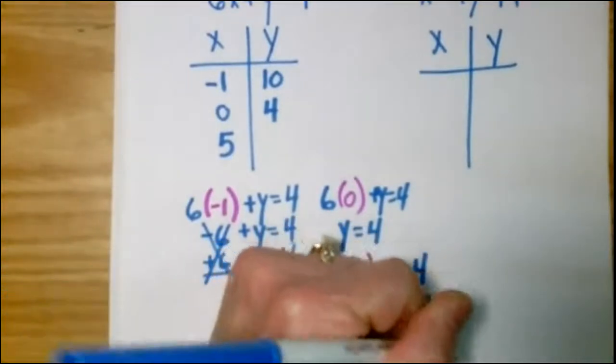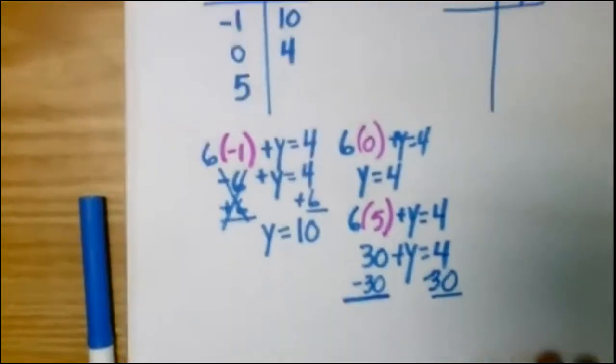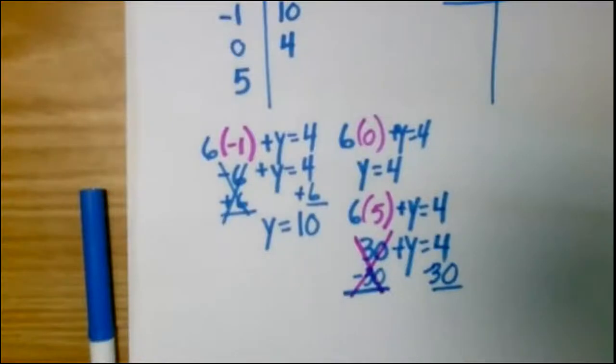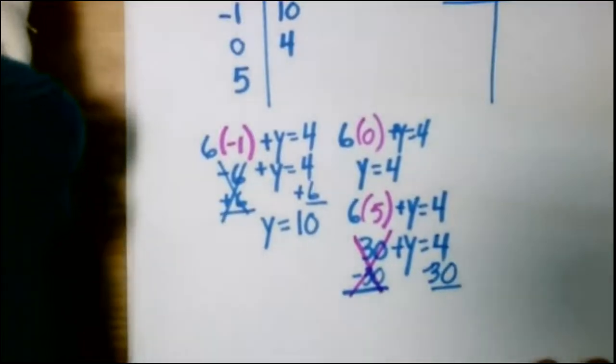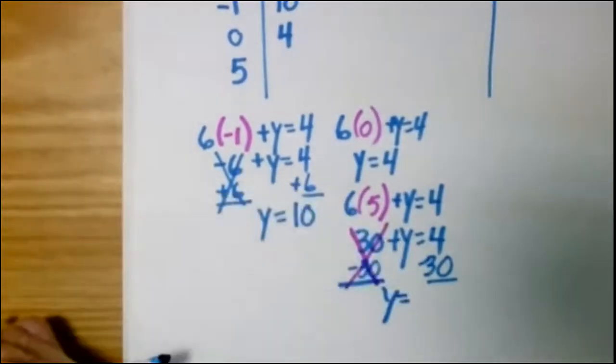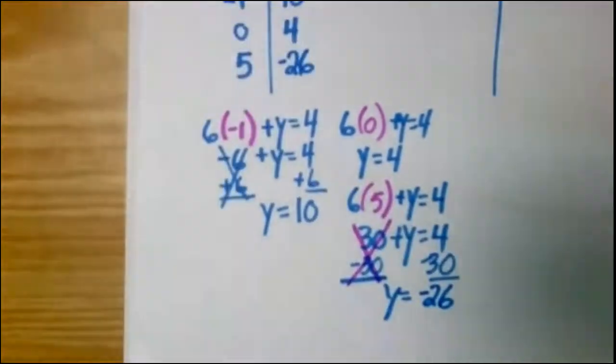If you guys are not real solid on the manipulation of numbers in an equation, go back and watch one of the previous videos. I'm going to go a little faster now on some of this stuff that we should already be pretty good at. So y is equal to 4 minus 30. That's like 30 minus 4, isn't it? Negative 26. So negative 26 up there.